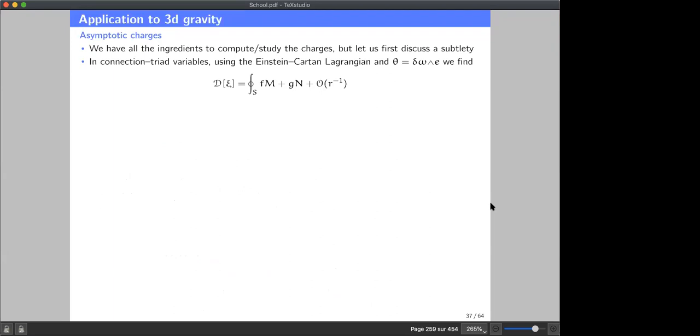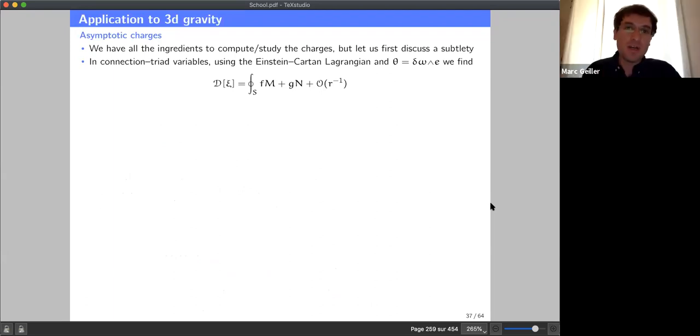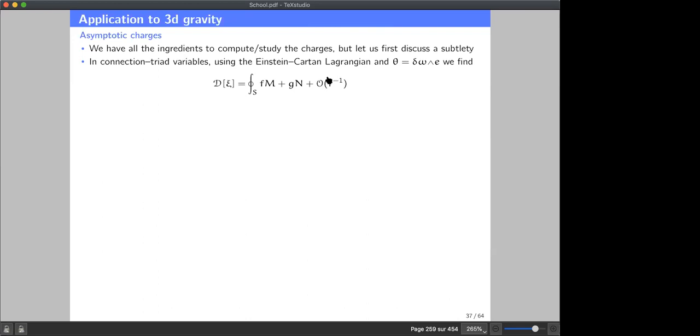So now we can apply the formula for the charges which we had earlier. I wanted to discuss a subtlety on this slide, but since we don't have time, let me not discuss it. The subtlety has to do with this 1/r piece. But just imagine that you are defining these charges asymptotically, so this 1/r piece isn't here.